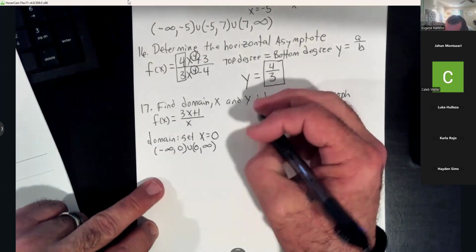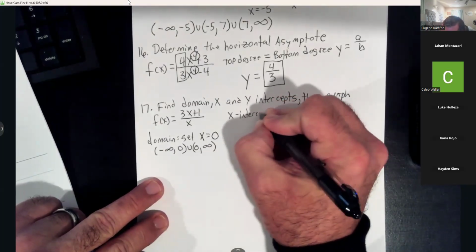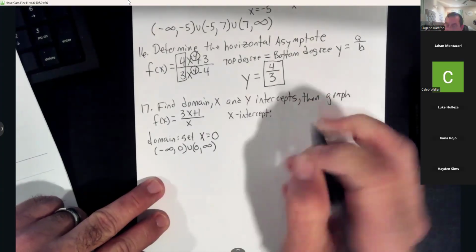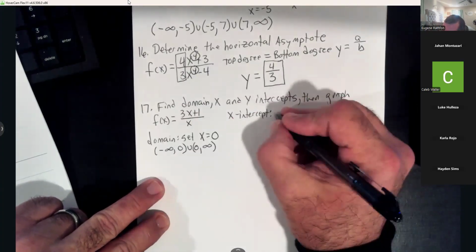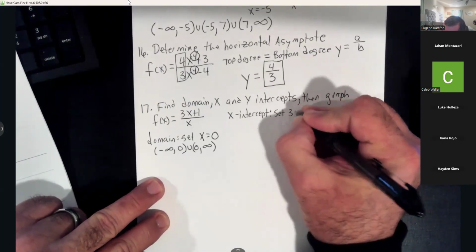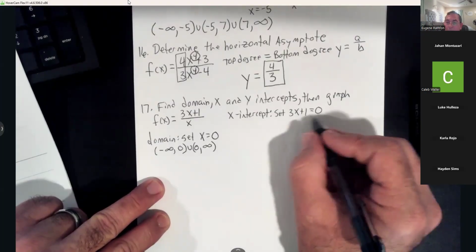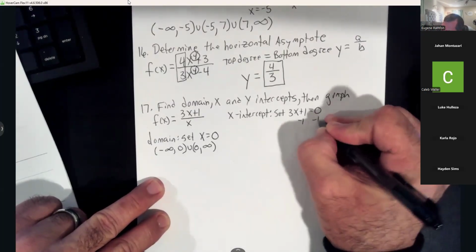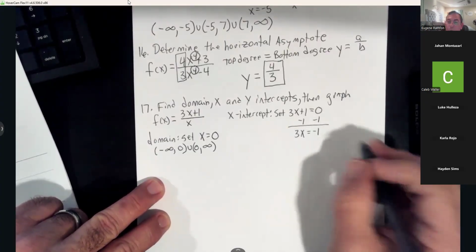Next, they asked me for the x-intercept. So to find the x-intercept, I set the top equal to 0. All right, y'all, let's solve that. We're going to subtract 1 from both sides. So 3x is negative 1.